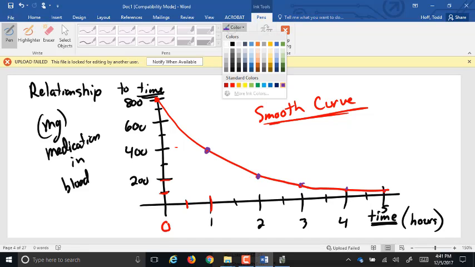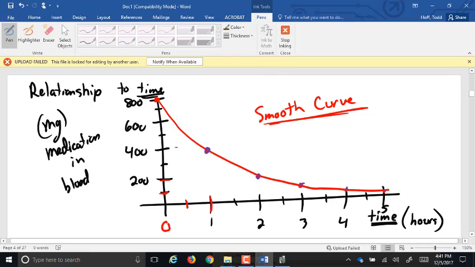But what if we wanted to know the value right here? Well, if we trace that down, let's say that's 1 1/4 hour, 1.25 hours. If I trace that over here, that tells me the value. It looks like it's just over 300 milligrams still left in the bloodstream. I'd say 310 or 320. Let's say 320 milligrams.